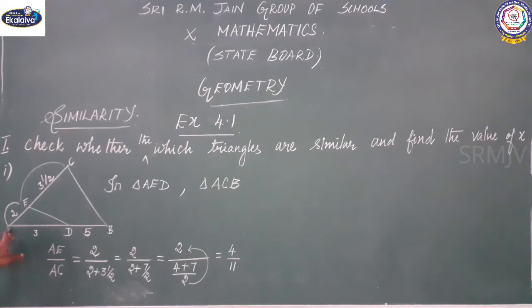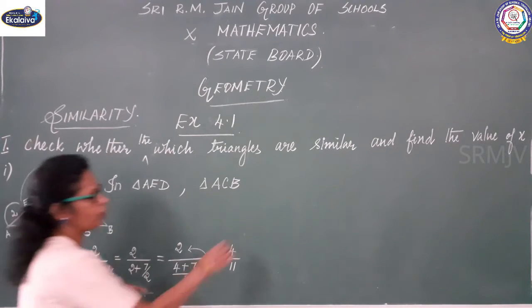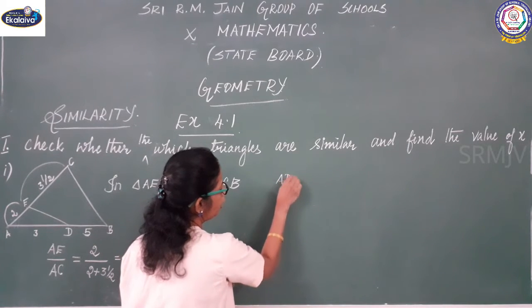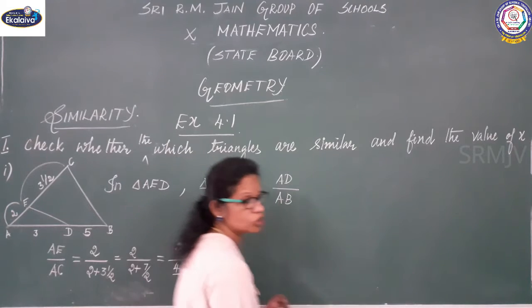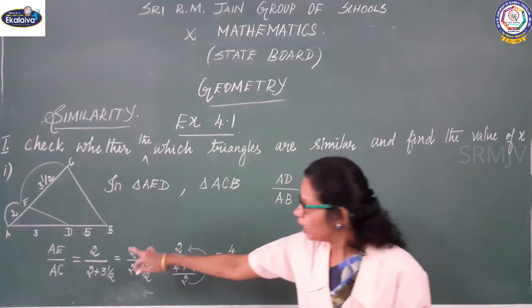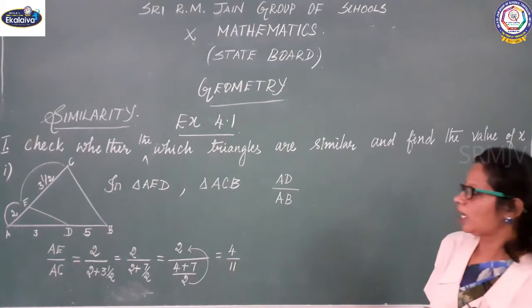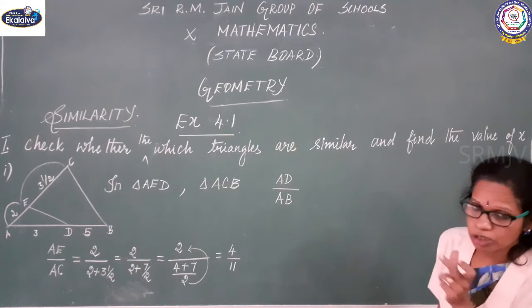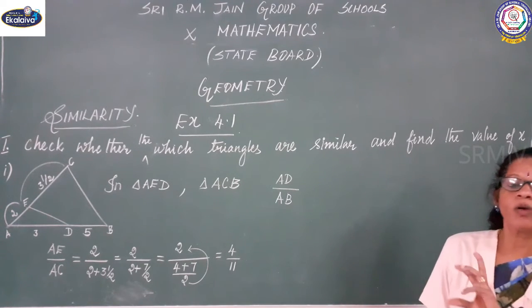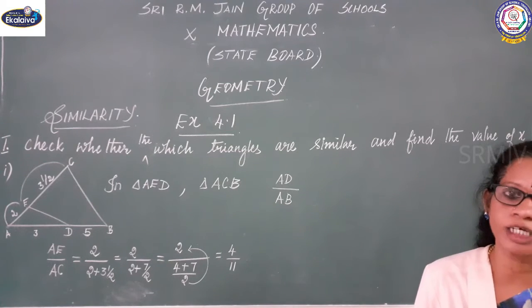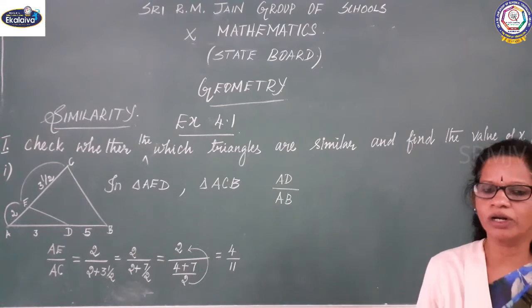Now you see AD divided by AB. Got it, children? AED is a small triangle, ACB is a bigger triangle. You are going to find out whether the corresponding sides are proportional or not.